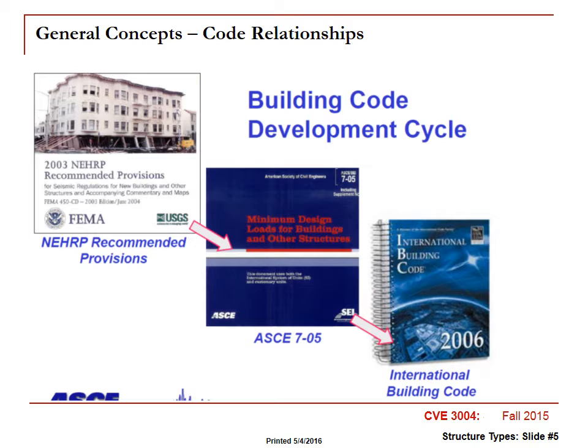So with NEHRP, what you'll find is that the ASCE 7 document really takes a lot of information from the research that NEHRP did over the past couple of decades and has incorporated that.